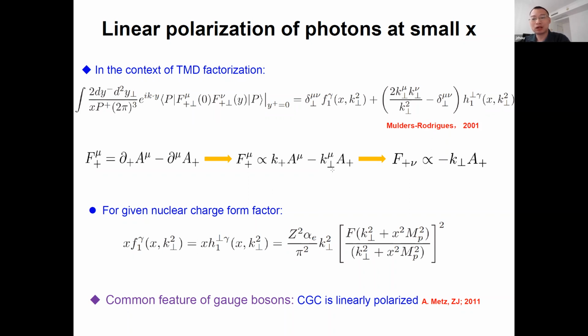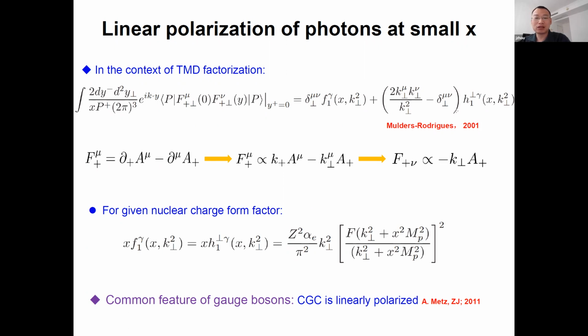This k-perp mu is the photon's transverse momentum, and k plus is the longitudinal momentum. At small x, the k plus component is very small, so we can simply neglect the first term and are left with only the second term. Now it becomes clear that the polarization of the photon should be proportional to its transverse momentum at small x.